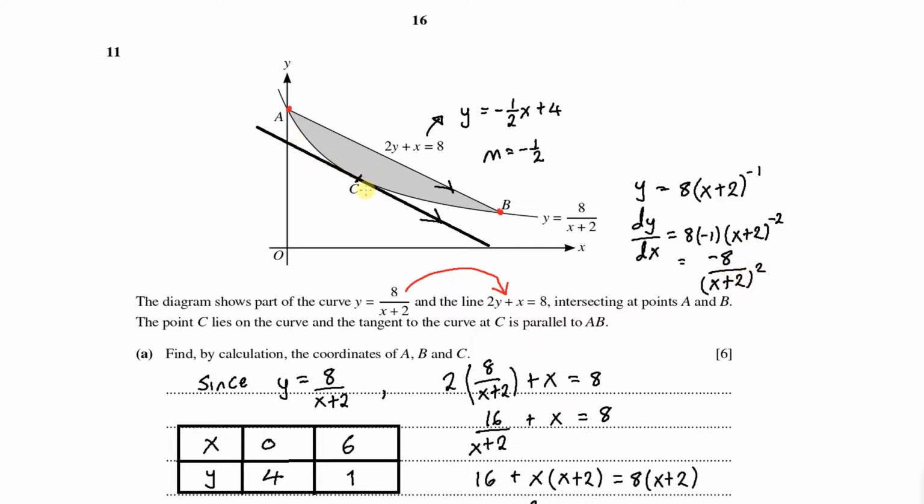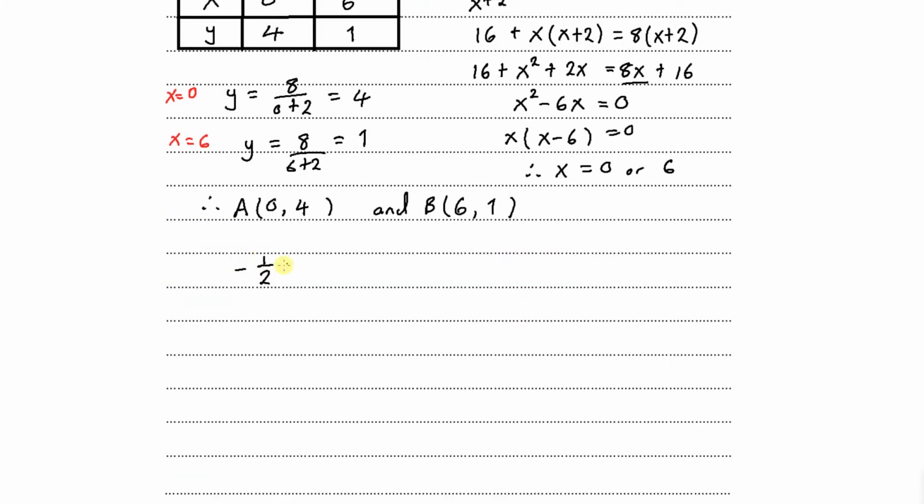So at the point C, the gradient function will be equal to the gradient that we got to be minus half. So that's minus 8 over x plus 2 all squared. So we can now work this one out. Cross multiplication will give us x plus 2 all squared, and 2 times 8, that will be 16.